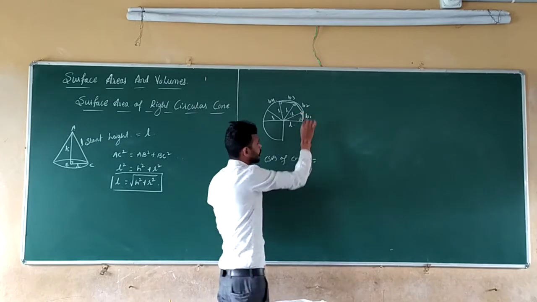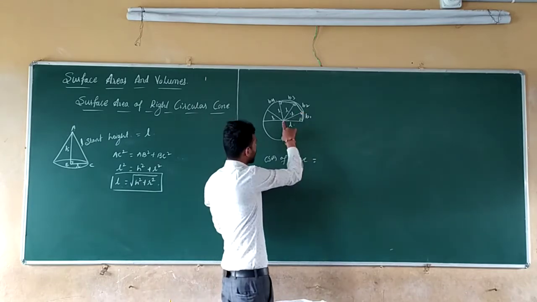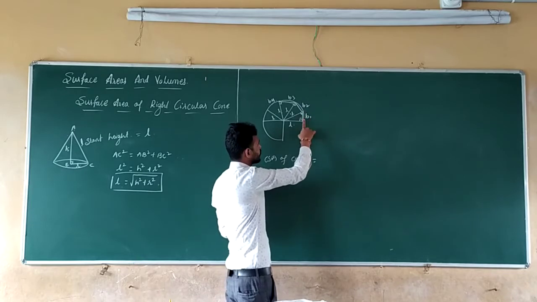So this will be 90 degrees. That means the hypotenuse is this one and the base is this one.